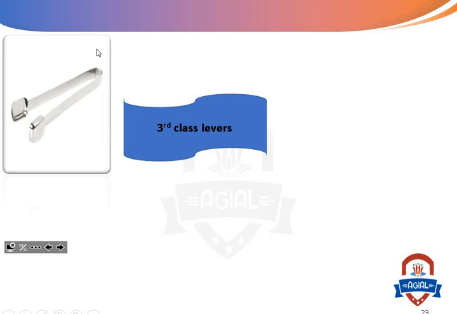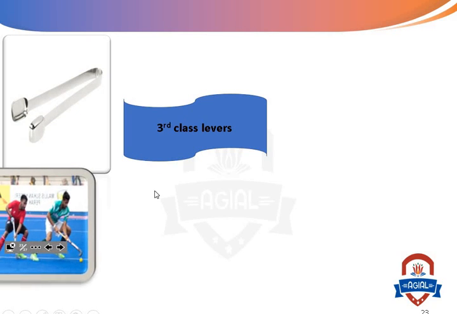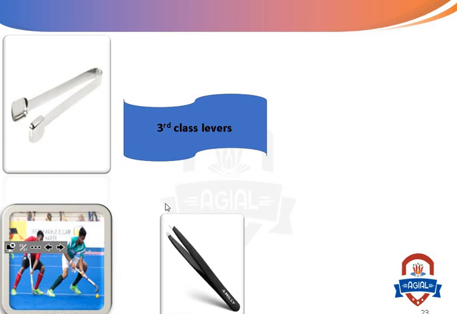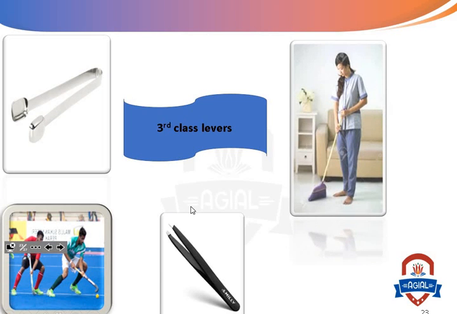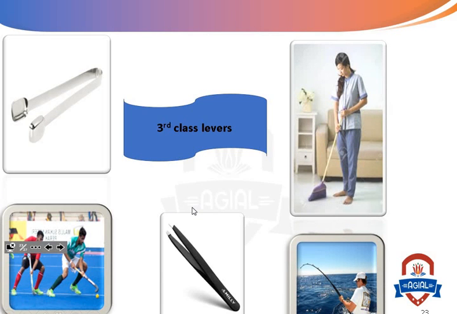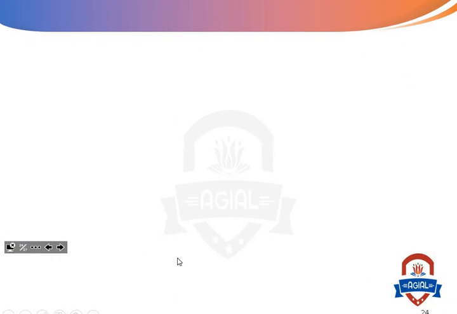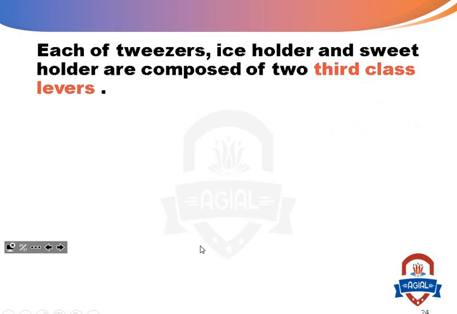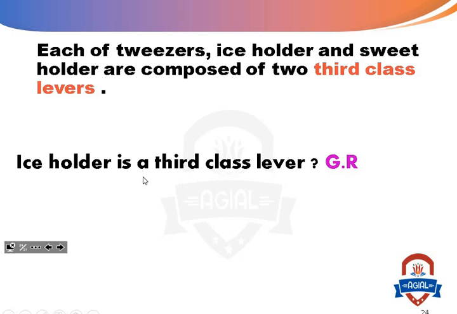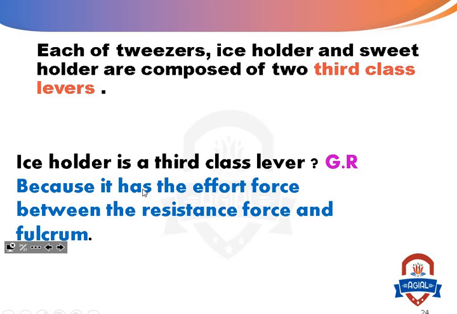Third class levers are like ice holder, hockey bat, tweezers, manual broom, and fishing hook. Each of tweezers, ice holder, and sweet holder is composed of two third class levers. Ice holder is a third class lever. Why? Because it has the effort force between the resistance force and fulcrum.